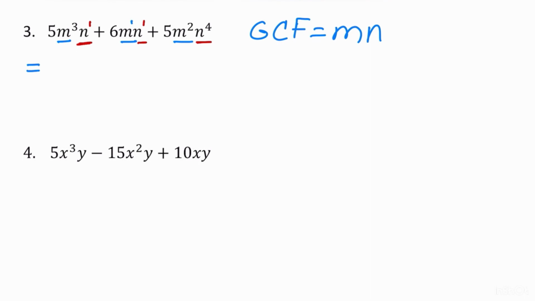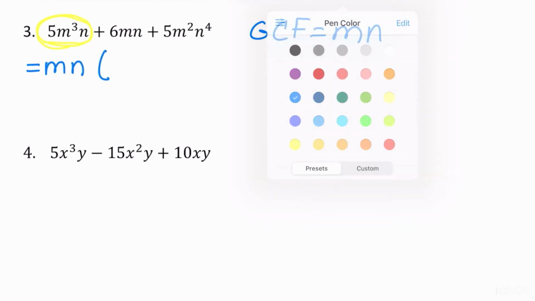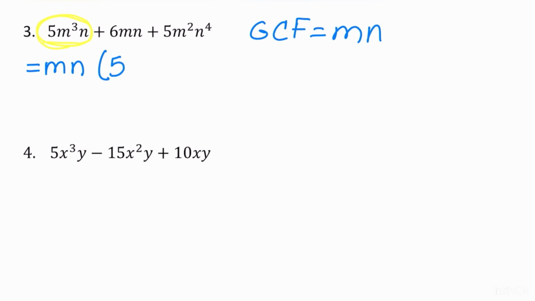I'm going to go ahead and factor. From the first term, I have to bring down the 5. I used to have m to the 3rd. I took out m to the 1, so I'm left with m squared, and the n's would cancel. Plus 6mn. So in this case, I would have to bring down the 6 because 6 divided by 1 is 6. And then the m and the n, they both actually would cancel out.